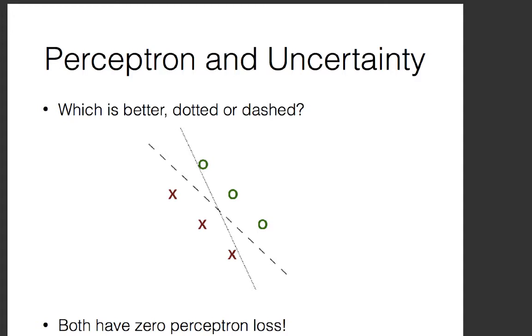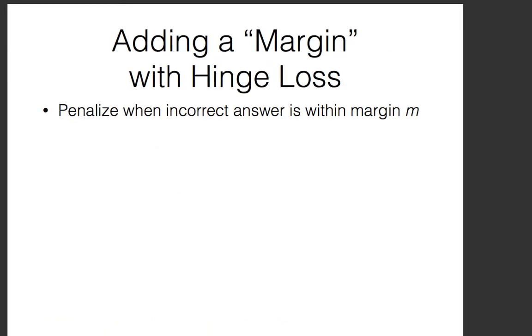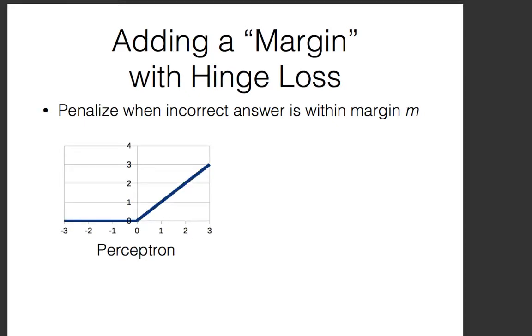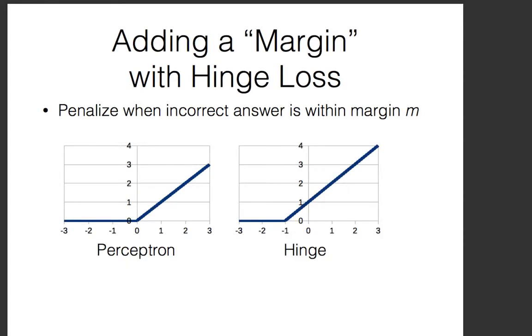Even the dotted line will not get any penalty according to the perceptron loss because it's not making any mistakes. So a way we can fix this is instead of taking the perceptron loss, we take the hinge loss, where the hinge loss is basically saying, this is the difference between the good and bad hypotheses.